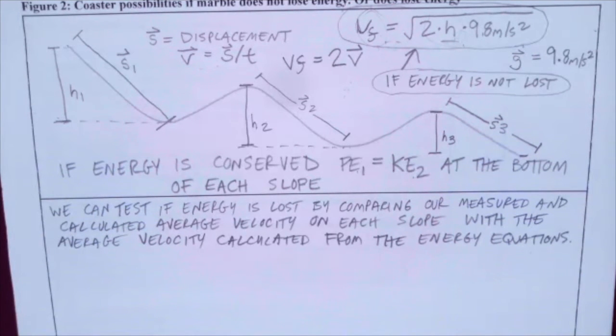If it bounces and it doesn't come all the way back up to my hand, energy was lost when it hit the ground because it didn't have enough energy to make it all the way back up. Okay, so what Eli said is one way we could test if this thing conserves energy would be if we made each slope the same height.